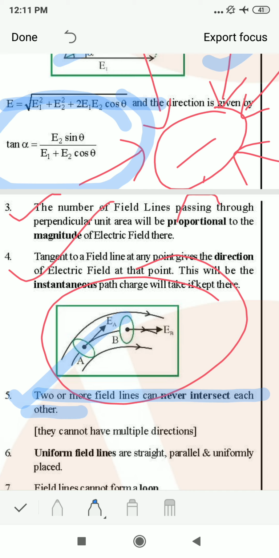Or you can say another option: electric field lines originate from the positive charge, go away from the positive charge and end at the negative charge. That's why they do not form a closed continuous path. That's why they do not intersect. Means they cannot have multiple directions.